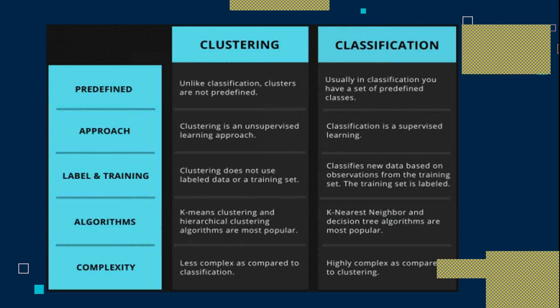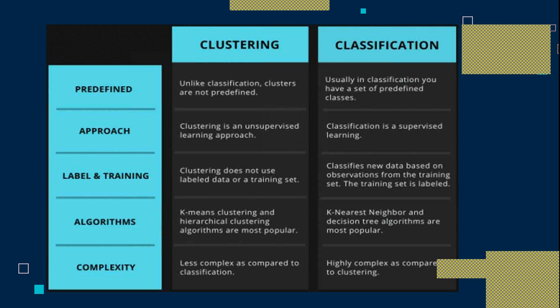But in clustering, you don't have predefined classes. Clustering is an unsupervised learning approach, as I already discussed. We will see what supervised and unsupervised are in the next slide. So clustering is an unsupervised learning approach, while classification is supervised learning.